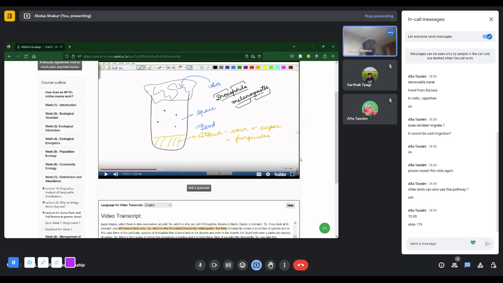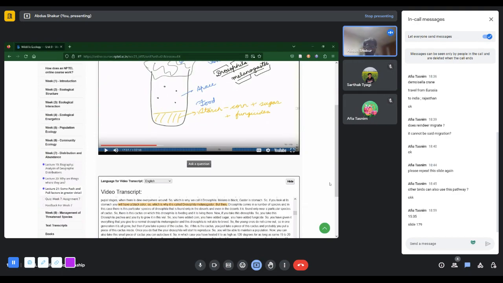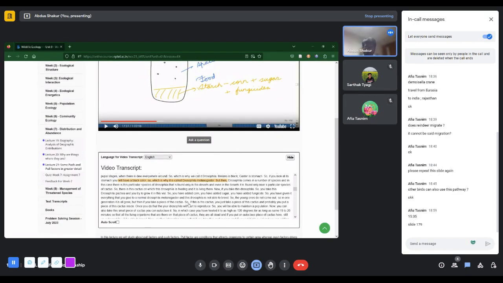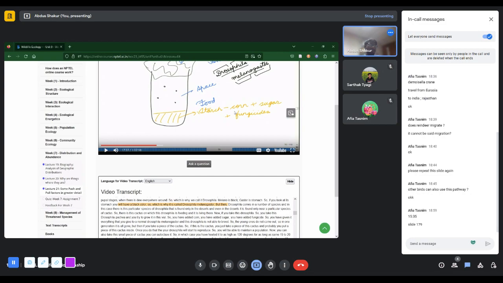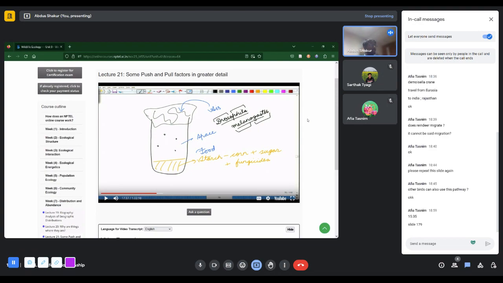But you add another species of Drosophila, which here is referred to as Drosophila pachea, right? When you add this Drosophila to the same cornflour vial, it will not survive, because this species has co-evolved with a species of cactus on which only it can feed and survive. So when you add the cactus, then it will grow, it can reproduce, and then you can find the next generations coming of it.